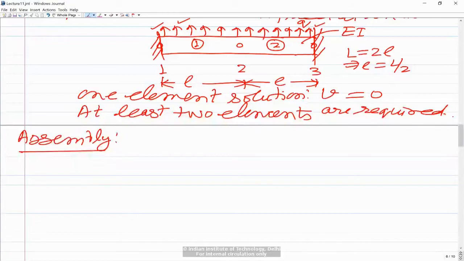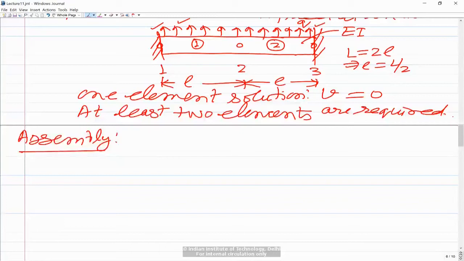It could be fixed at both the ends, it could be simply supported, it could be fixed at one end and free at the other end, or fixed at one end and simply supported at the other end. All those boundary conditions can be imposed, so you should be able to do these solutions for different boundary conditions. But before that, there are total three nodes, node 1, 2 and 3.